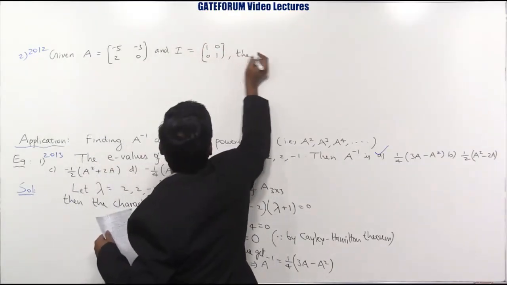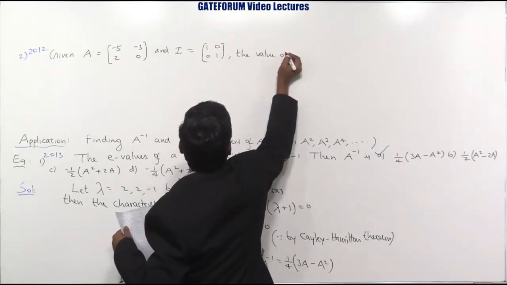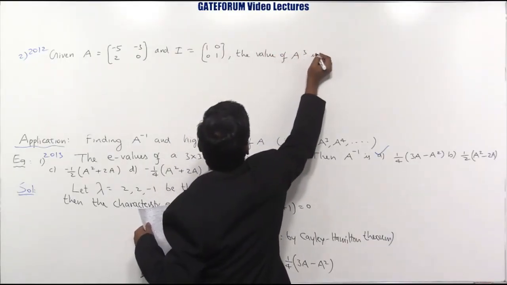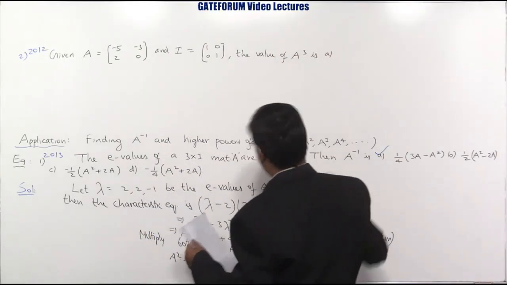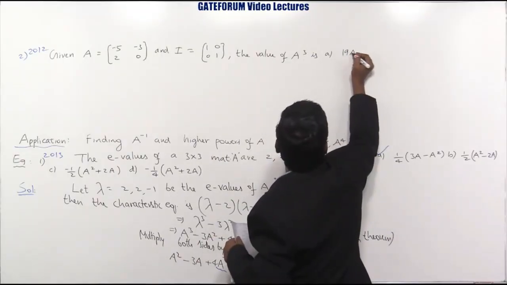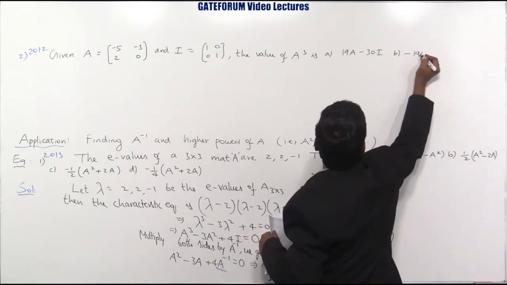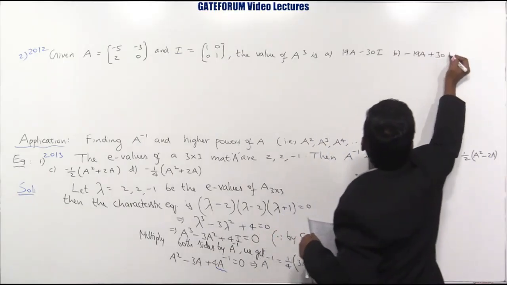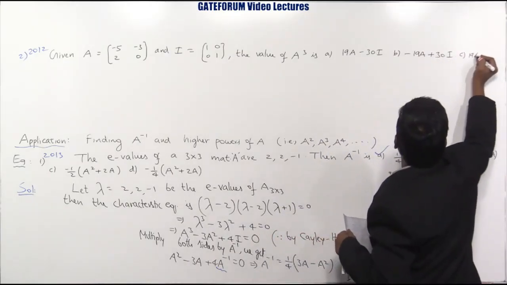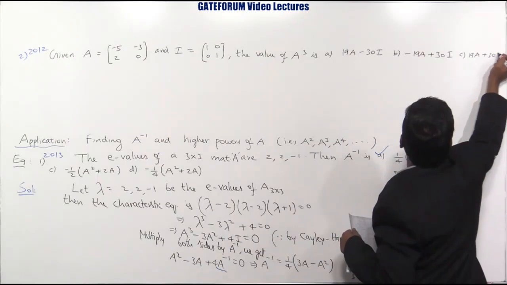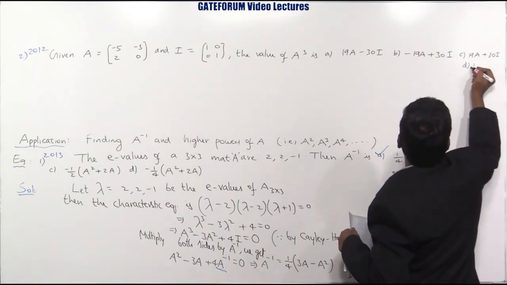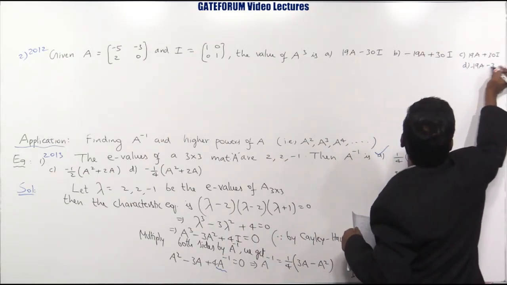The value of A cube is: option A, 19A minus 30I; option B, minus 19A plus 30I; option C, 19A plus 30I; option D, minus 19A minus 30I.